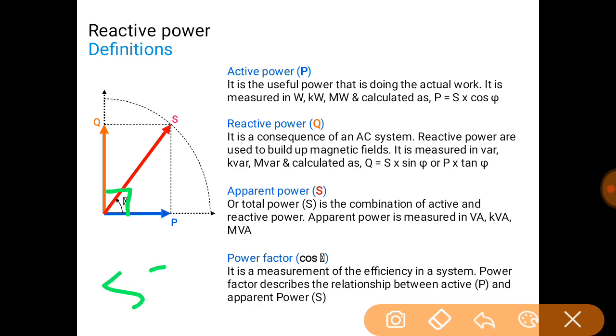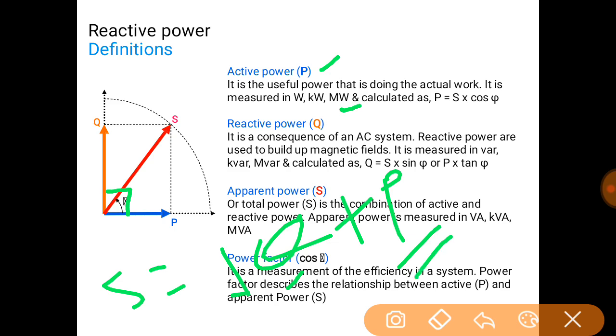Equal to P plus jQ, where P is active power and Q is reactive power. Q is always denoted on the imaginary axis, and P is real power, denoted on the horizontal axis.